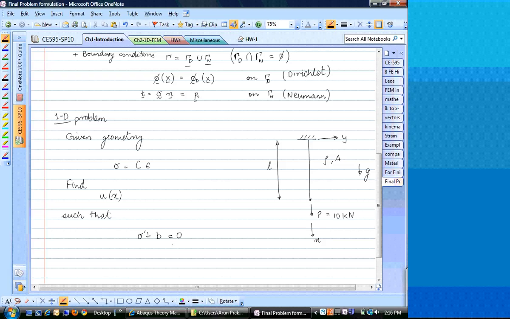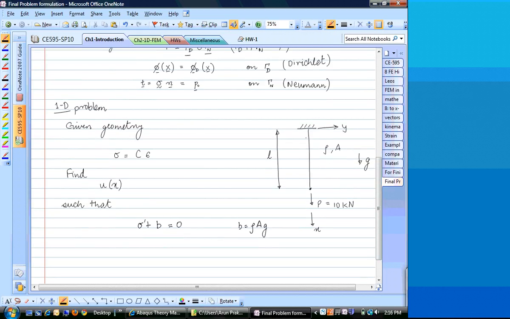What is b? b is the body force, but what is its value? It is rho g, or actually rho multiplied with A multiplied with g, right? So this is the equation that I need to satisfy at each and every point along the bar.